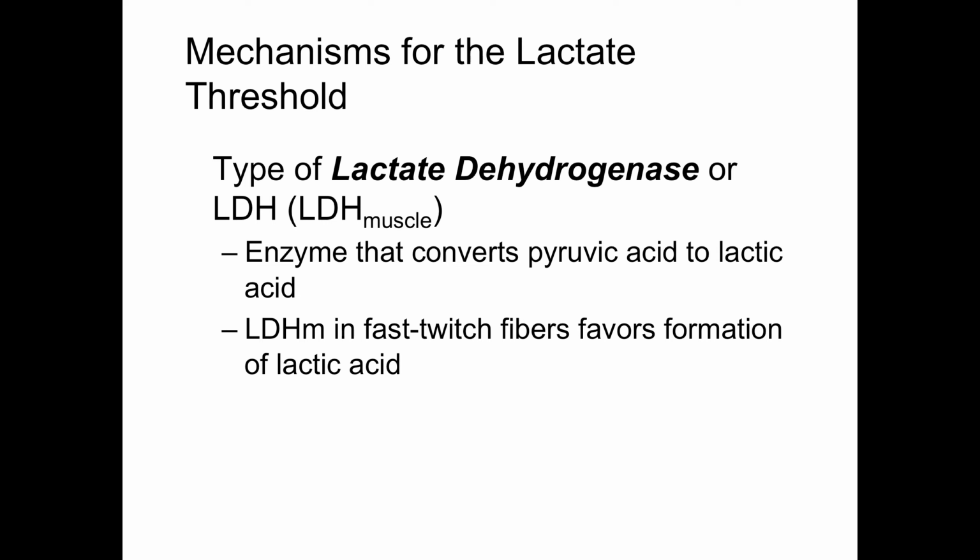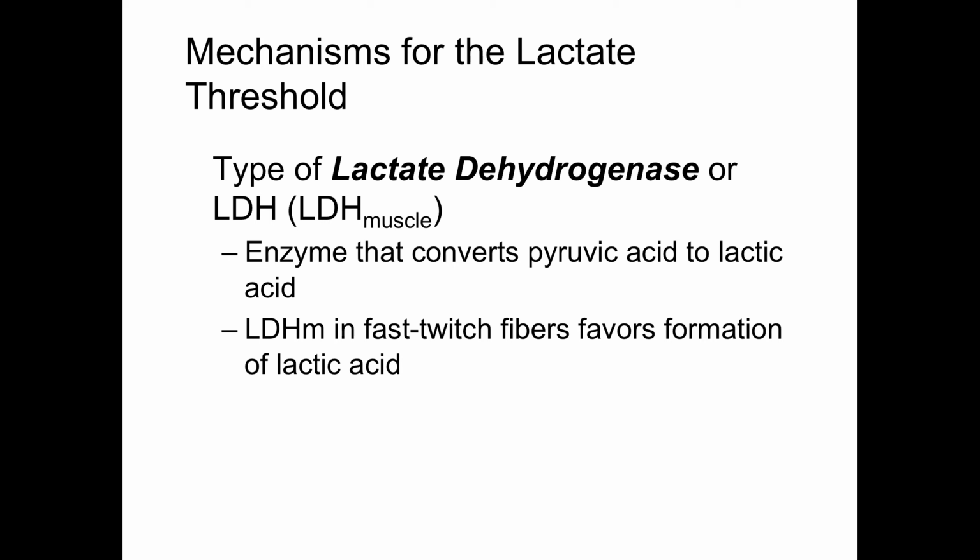Along with mechanisms of this lactate threshold would be to remember the different forms of the lactate dehydrogenase enzyme. The two main forms that we've been talking about, one is called the LDH muscle form of that enzyme. That's the enzyme that would convert pyruvate or pyruvic acid to lactic acid. So this would favor the formation of lactic acid. So it's the LDH muscle form, LDHM form.